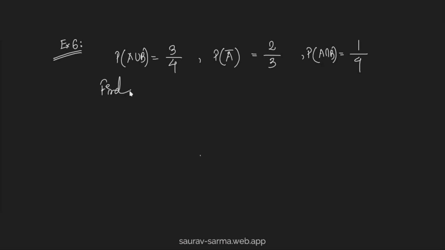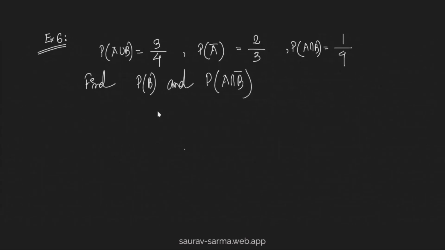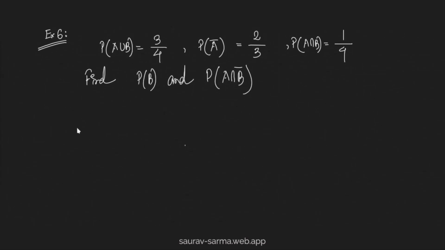So find probability of B and probability of A intersection B bar. এই দুটা বস্তু ওলাব দিছে তোমালোকক, right, question to.